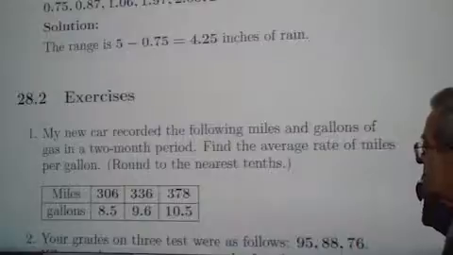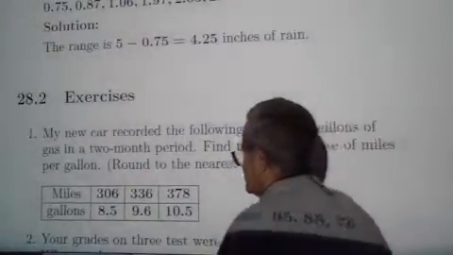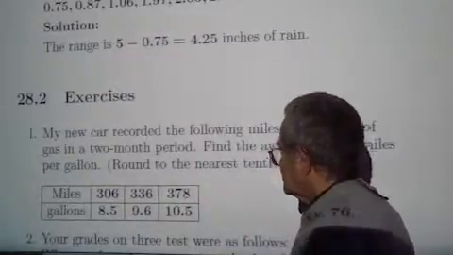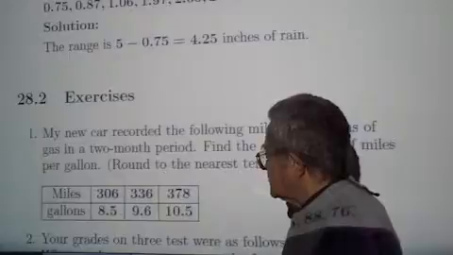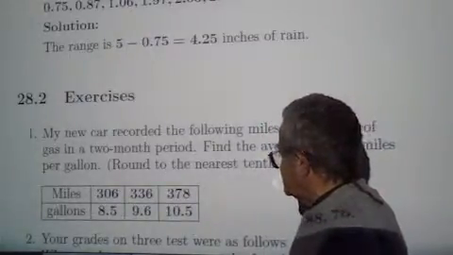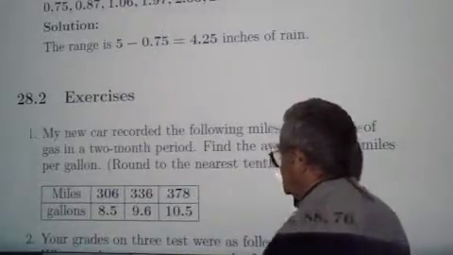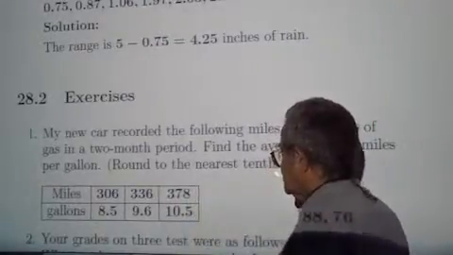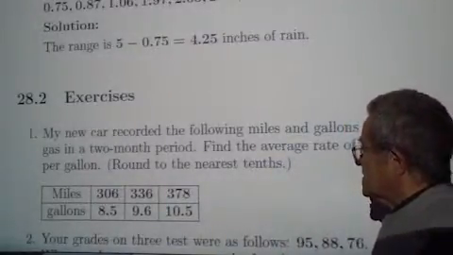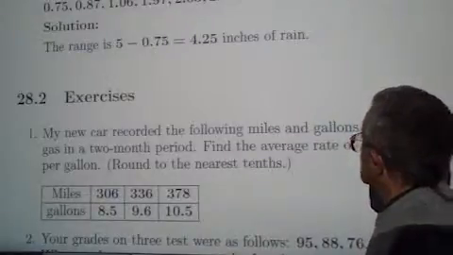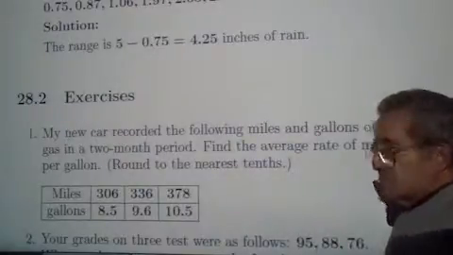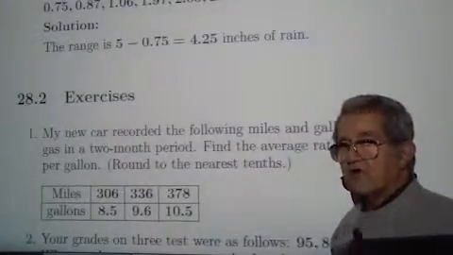So the data is 306 miles, and I consumed 8.5 gallons. 336 miles, and I consumed 9.6 gallons. 378 miles, and I consumed 10.5 gallons. Okay? So we wanted the average or the mean rate of miles per gallon. Remember, miles per gallon.